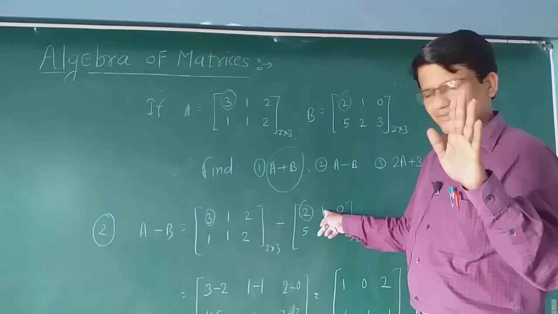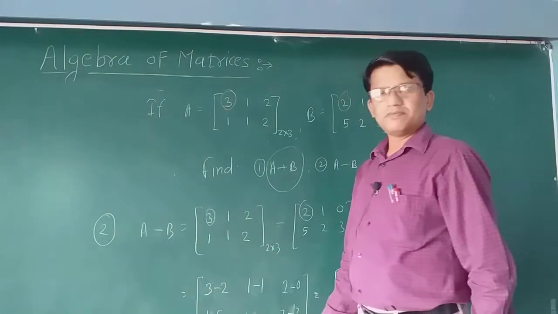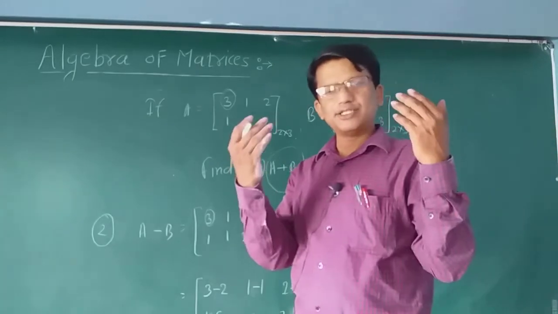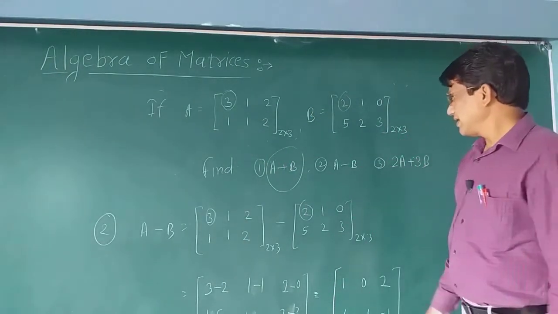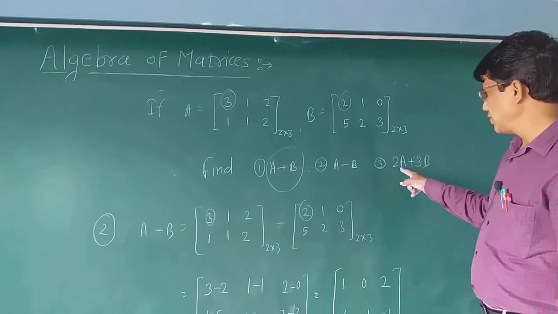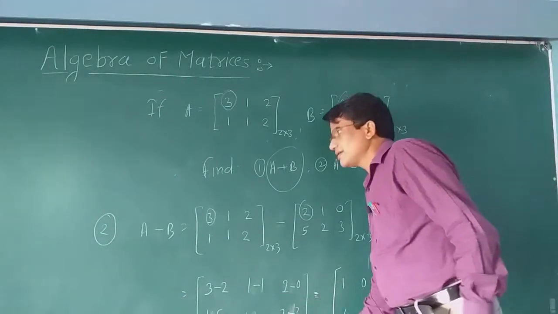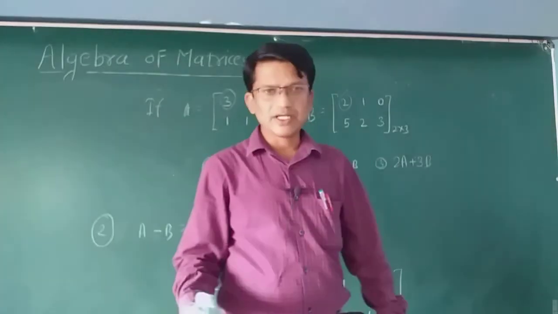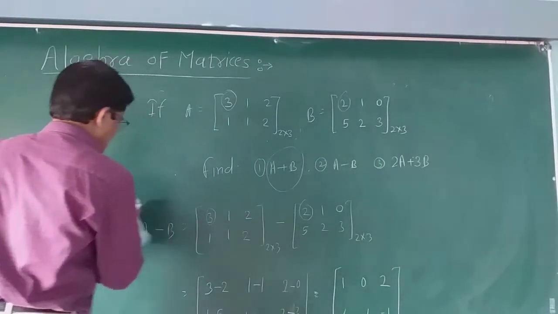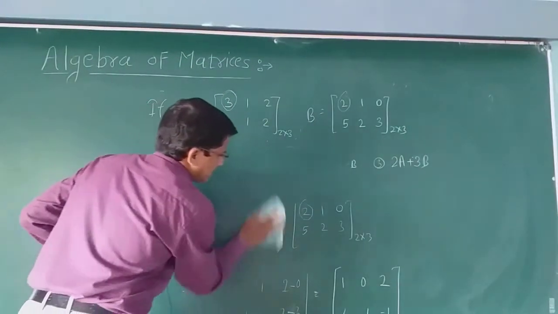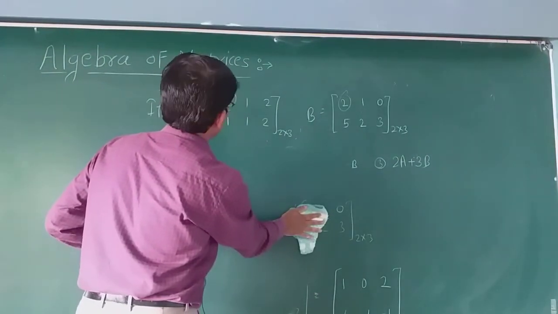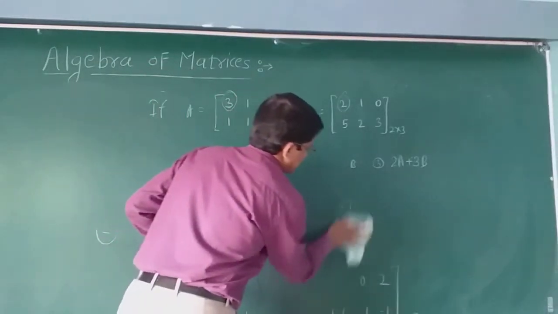In the same way, if any two matrices are given, we can find such subtraction. Let us find the last one, 2A plus 3B. Let us find the answer of 2A plus 3B.